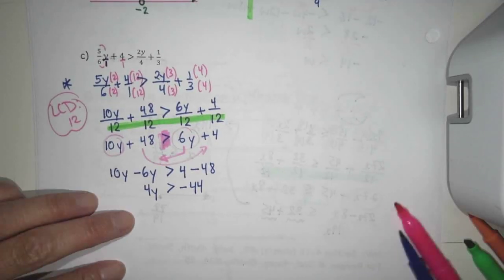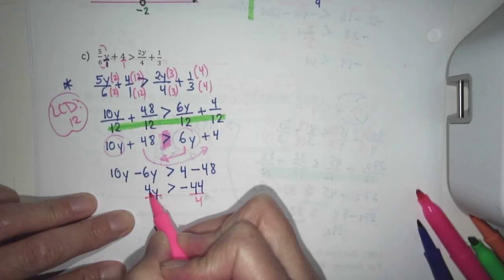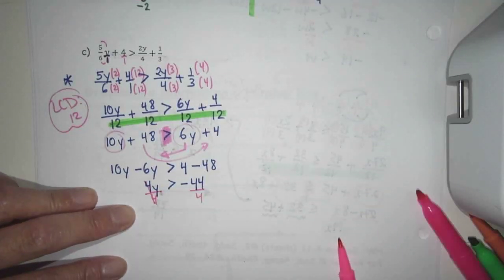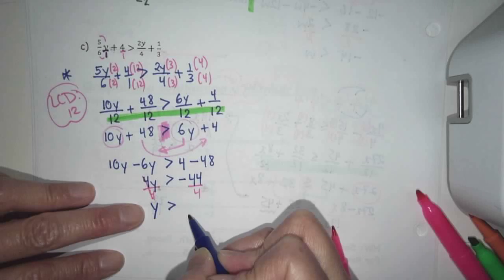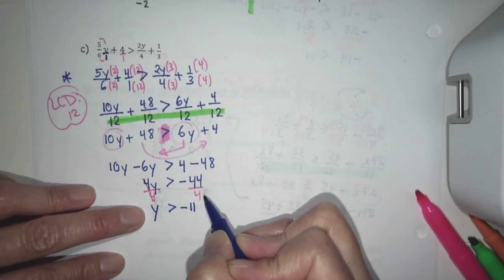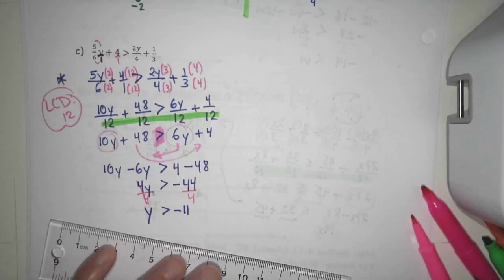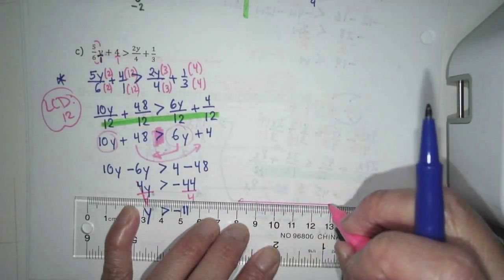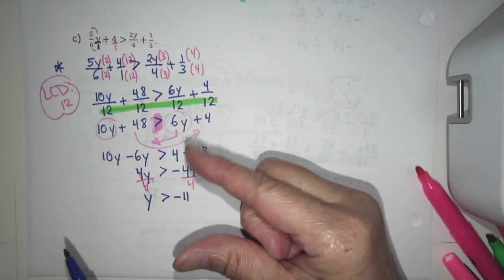How do we get this final answer solved? We want y by itself, so divide by whatever's in front of y. Identical. And then y would be greater than negative 44 divided by 4, which is negative 11. I divided by a positive number, so I don't have to change the direction. See how it's open towards the y?